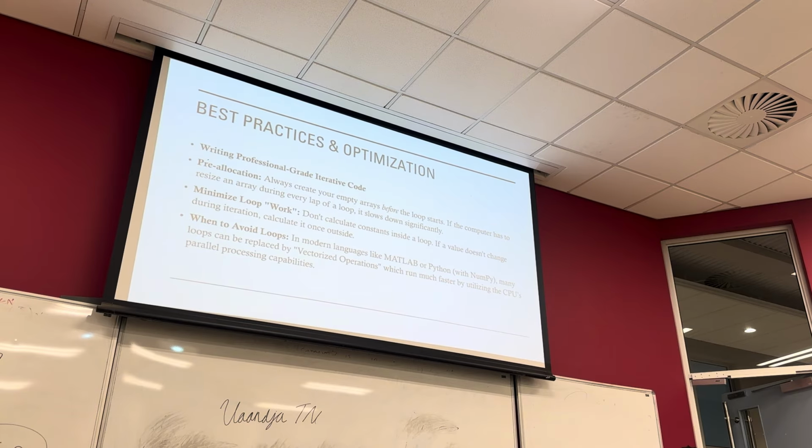Best practices and optimization. Pre-allocation: always create your empty arrays before the loop starts. If the computer has to resize an array during every lap of the loop, it slows down significantly.